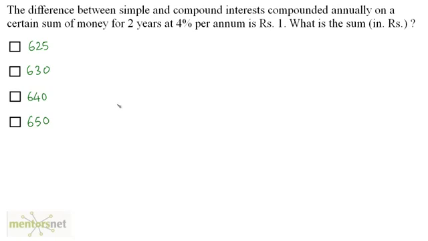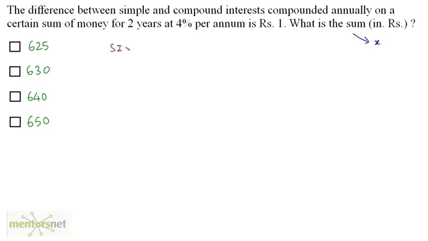The difference between simple and compound interest compounded annually on a certain sum of money for 2 years at 4% per annum is rupees 1. What is the sum in rupees? Well, first of all, let us consider this sum as X. This is basically the principal. Now we will calculate the simple interest first.